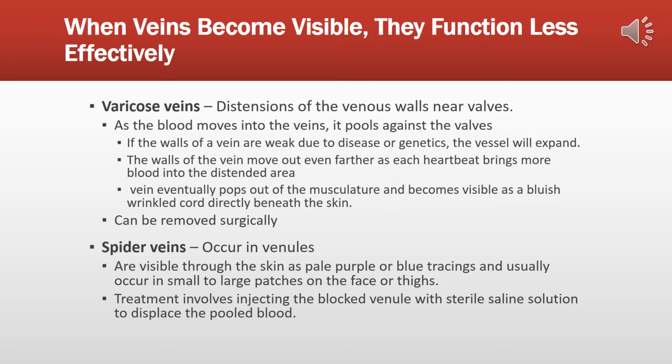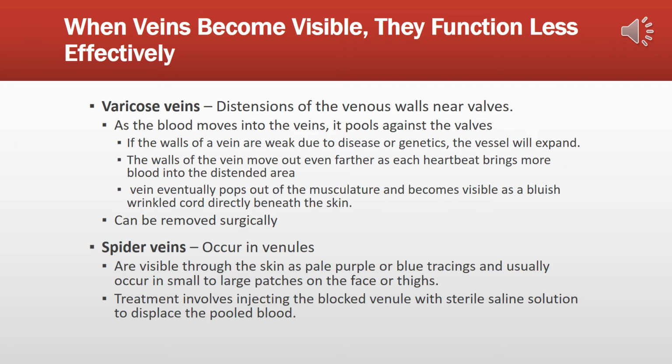They expand even more as each heartbeat brings more blood into the distended area. The vein then pops out of the musculature and becomes visible as a bluish wrinkled cord directly beneath the skin. And the only treatment for this is to surgically remove that vein. And they're very unsightly, but are not lethal.